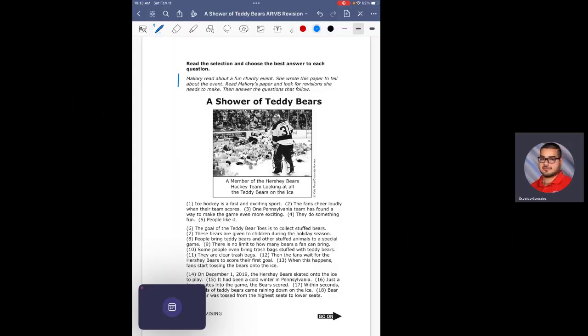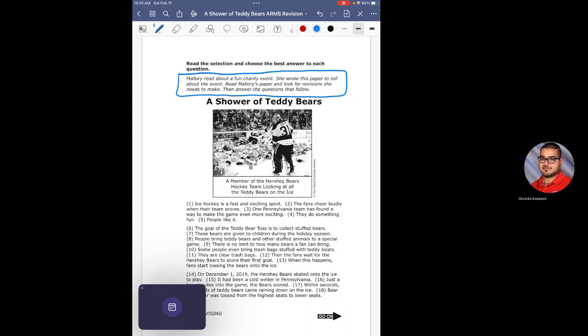Before we start, we have to look at our introductory paragraph. And this introductory paragraph does give us some information. It says here, Mallory read about a fun charity event. She wrote this paper to tell about the event. Read Mallory's paper and look for revisions she will need to make, and then answer the questions that follow.